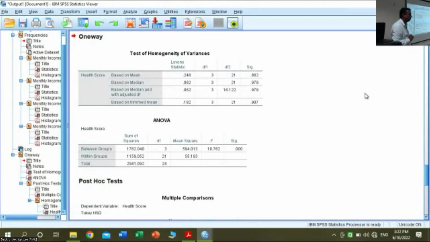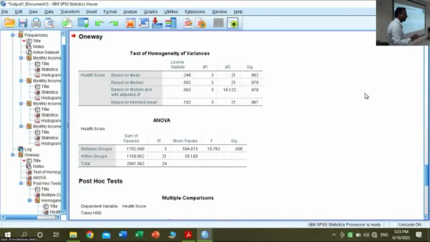Here we consider only the first row, and the p-value is 0.862. If we fix alpha at 5%, that means 0.05, then the p-value is greater than alpha. So H naught will be accepted.